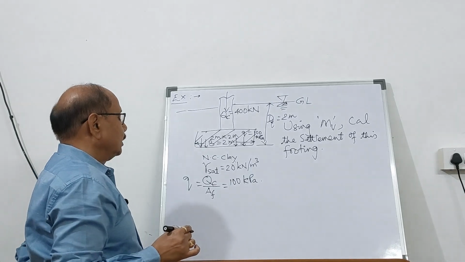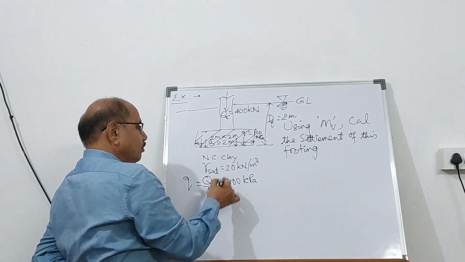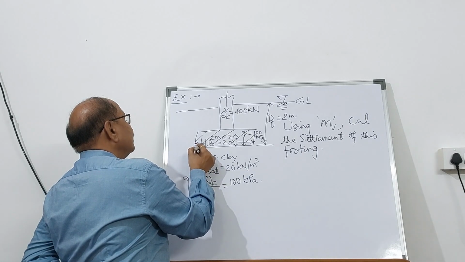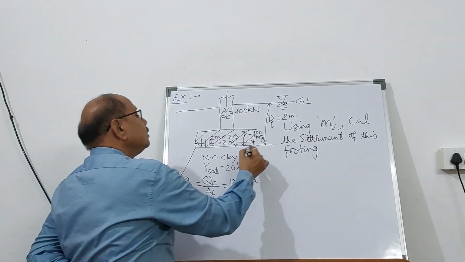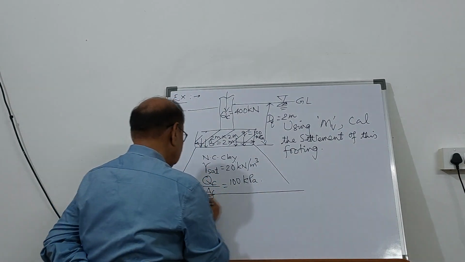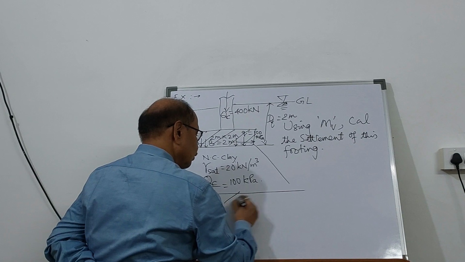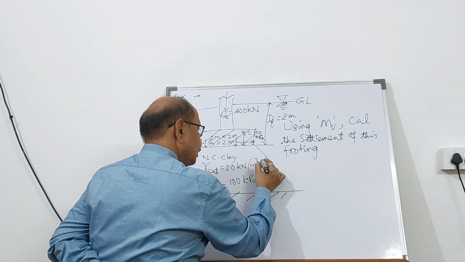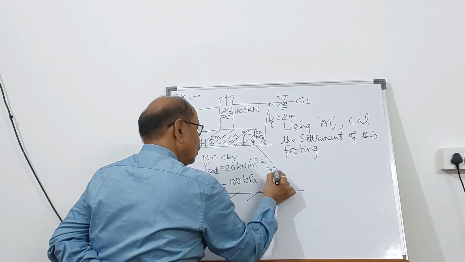Right. Now, what is the zone of influence? The zone of influence, as you know, the load is going to spread out, and let's say this is the zone of influence. There is 2 vertical, 1 horizontal.